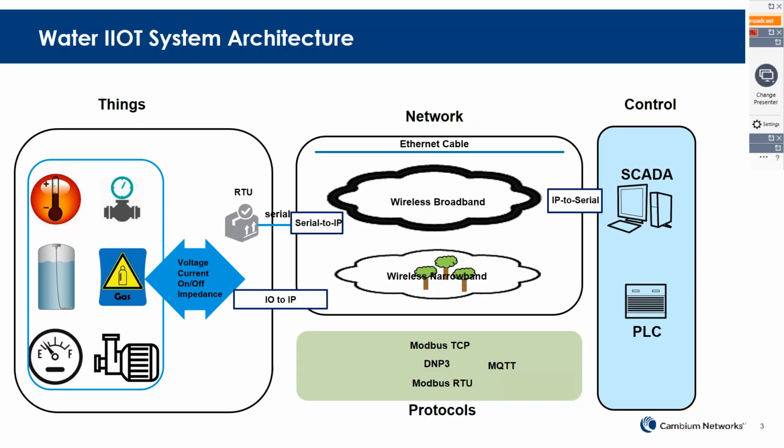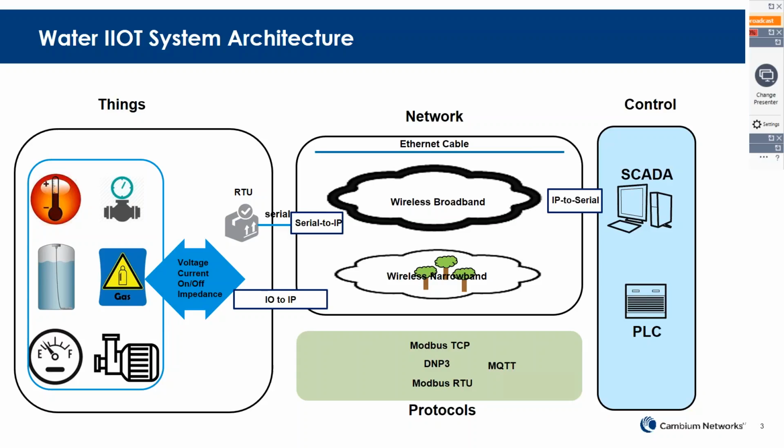Traditional connection will typically use the remote terminal unit. So what I'm saying here is that the things can connect to the I/O to IP device, or they can connect to the RTU. This RTU will typically have a serial interface.